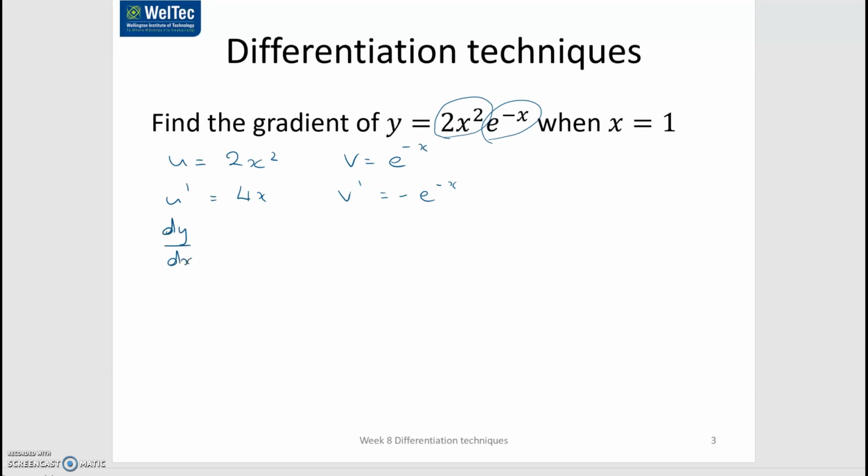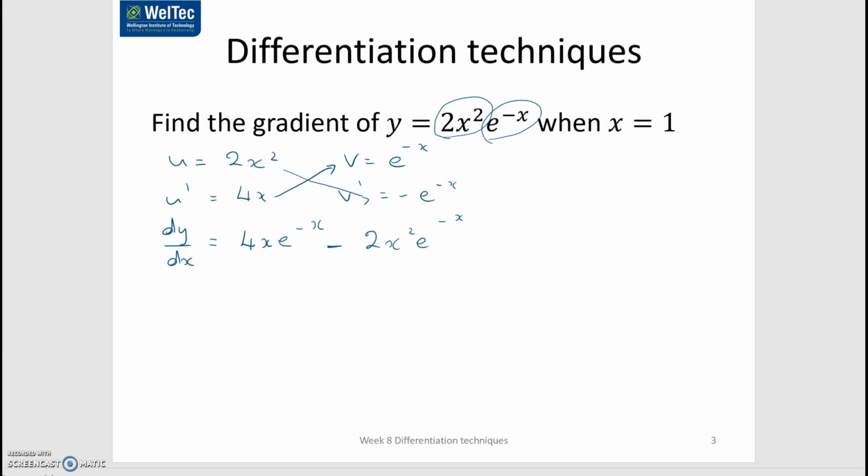dy by dx is 4x, so it's u dash times v, so it's 4x times e to the negative x. Now, I'm just looking a bit ahead here. I can see that v dash is negative, so I'm going to write the negative sign in there: minus 2x squared e to the negative x.